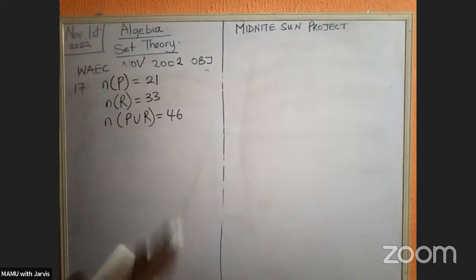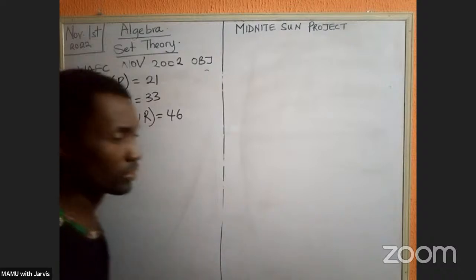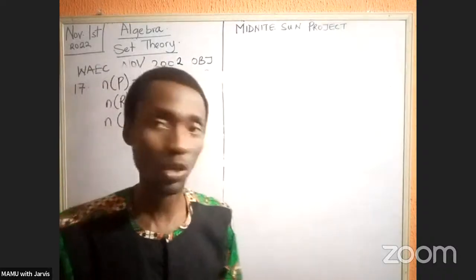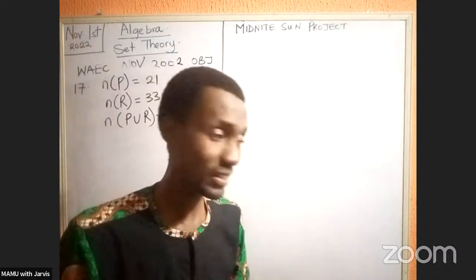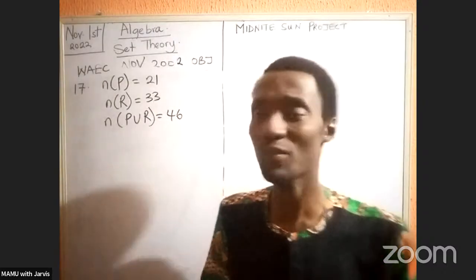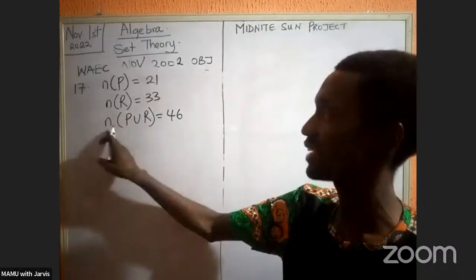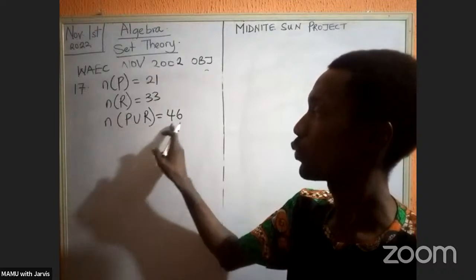That's clear enough. This is the number of elements in this set. We call this concept cardinality. It's called what? Cardinality. Cardinality talks about the concept of the number of elements present in a given set: the cardinality of P, the cardinality of R, which is 33, and the cardinality of P union R, which is 46.